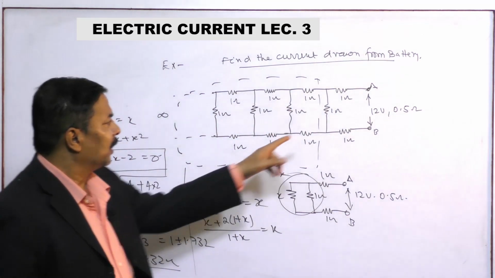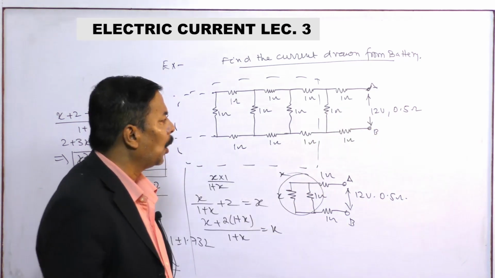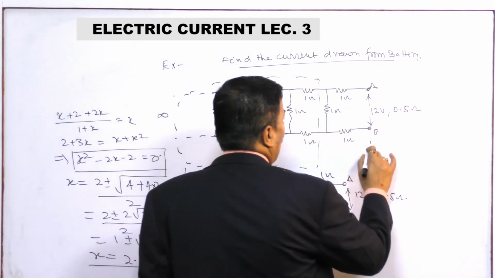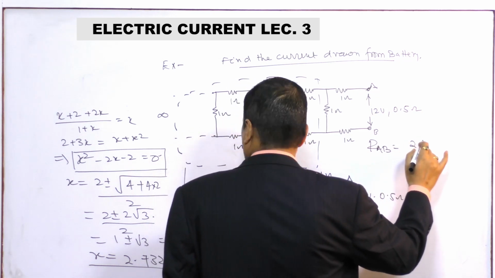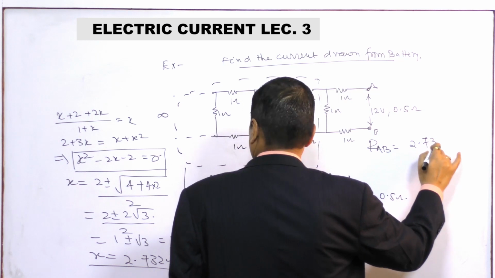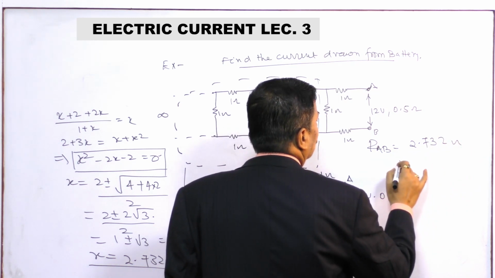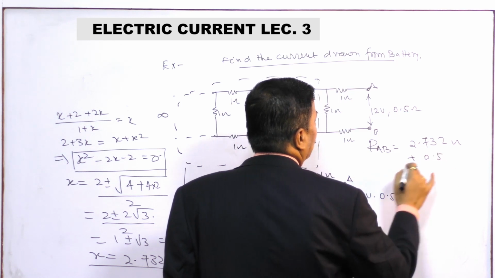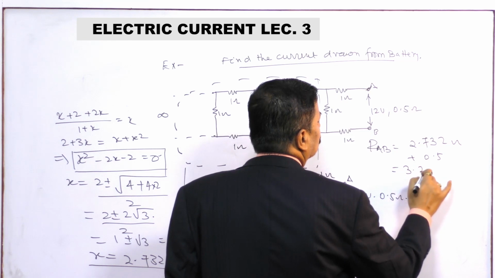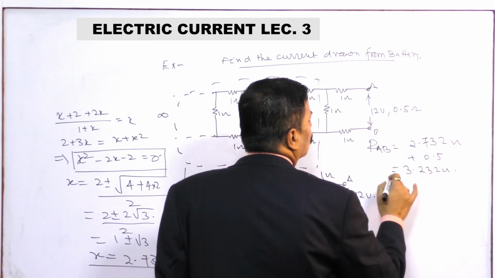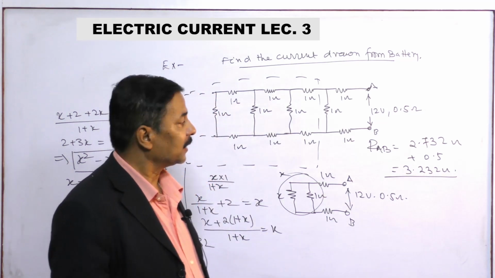Now in this, the internal resistance of the battery has to be added. So RAB is 2.732 ohm plus 0.5, that is 3.232 ohm. So 3.23 ohm is the equivalent resistance.